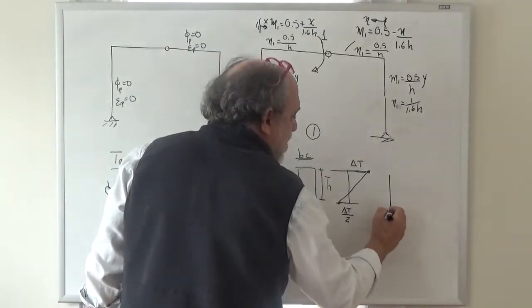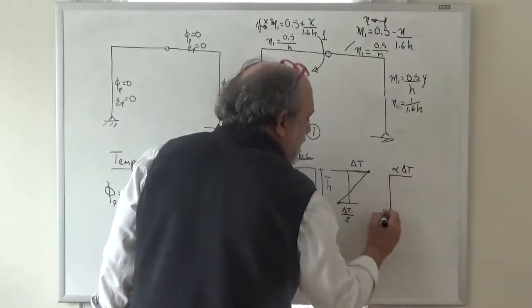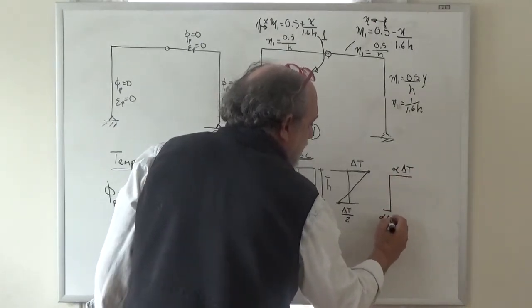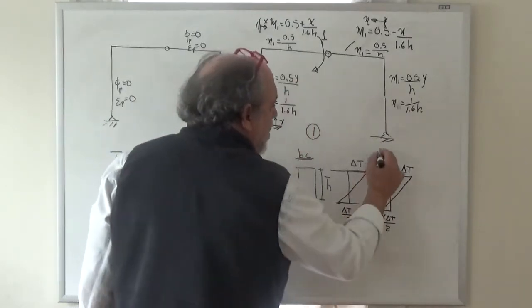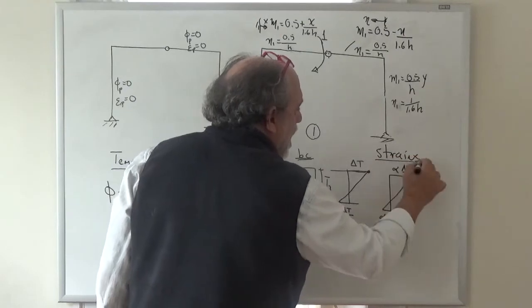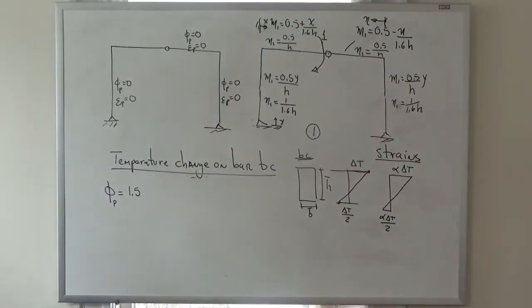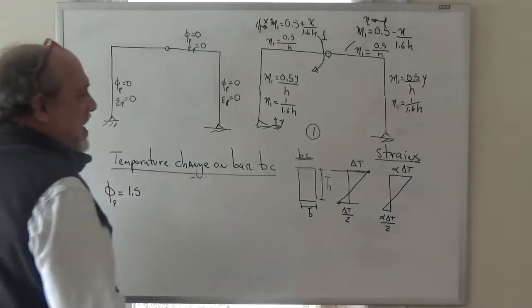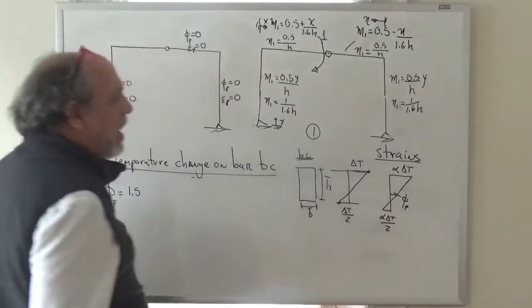The strains are just the coefficient of thermal expansion times the temperatures, right? So these are the strains. So you multiply the temperatures times the coefficient of thermal expansion and you get the strains. This angle is the curvature, right?